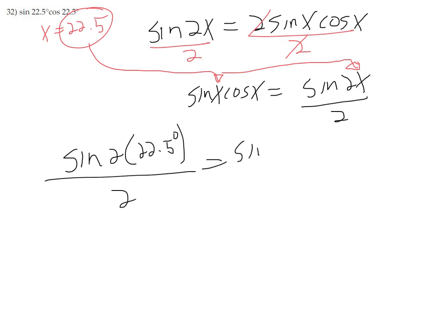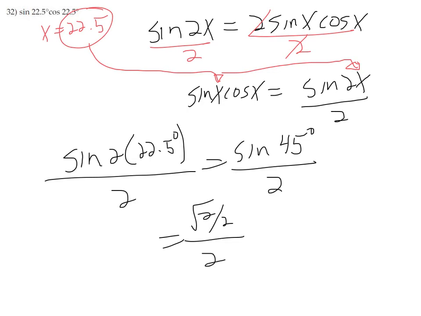This is sine of 45 degrees over 2. This is square root of 2 over 2 over 2, which is square root of 2 over 4. One thing you can do to make that over 4 is clear fractions. This technique works really well in trigonometry. Square root of 2 over 4. It's a nice way to go. Alright, next problem.